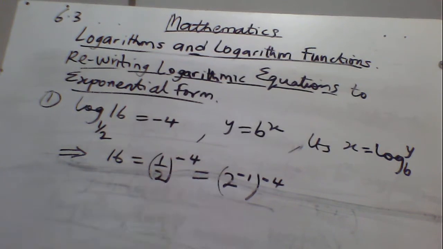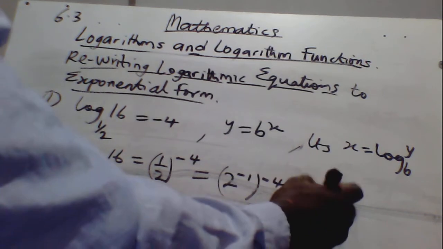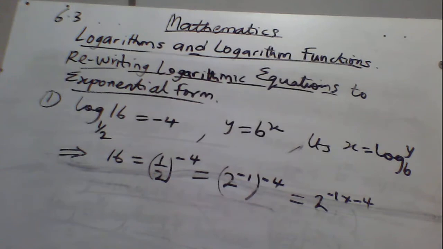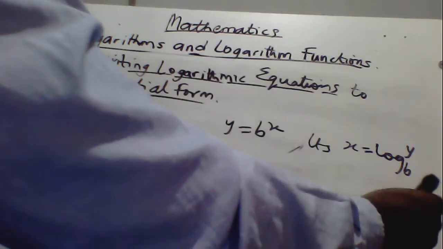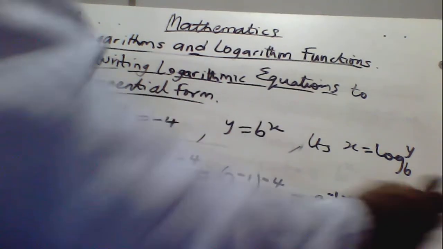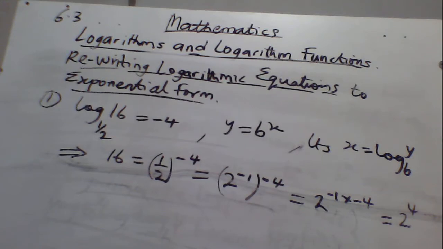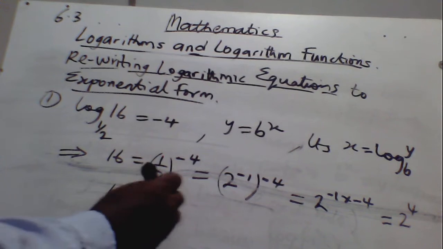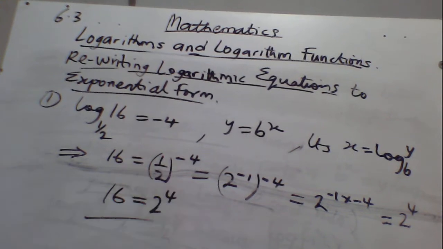So rewrite it in this form: open bracket, 2 to the minus 1, times minus 4. Is it not? So this will give us 2 to the exponent of 4. So 16 is equal to what? 2 to the exponent of 4. That is what you are required to do.